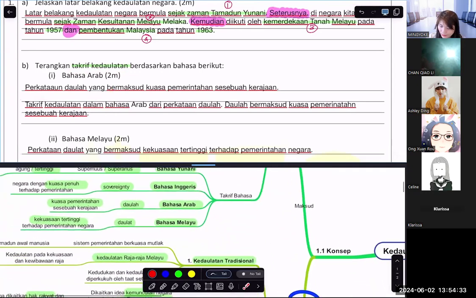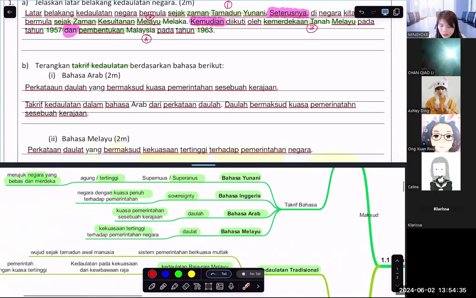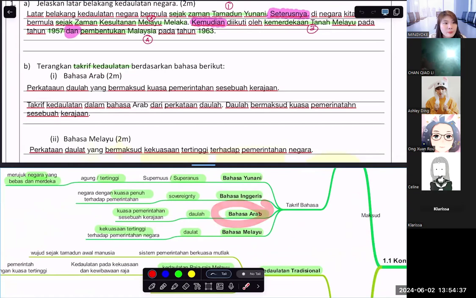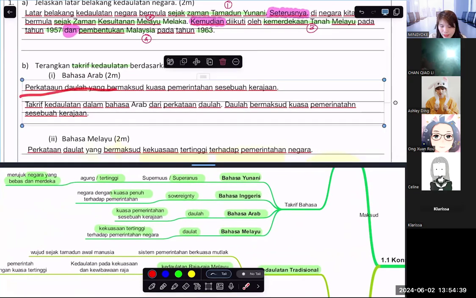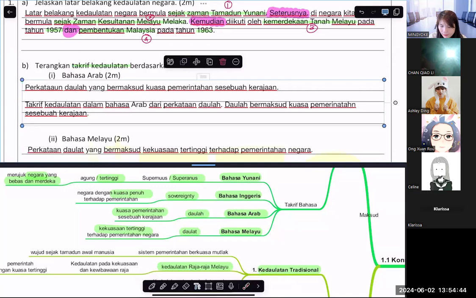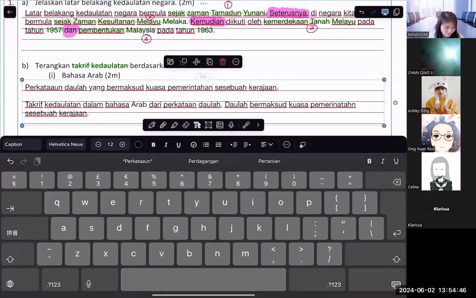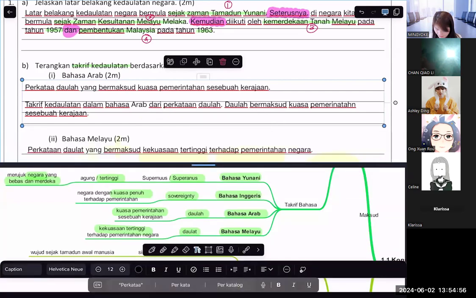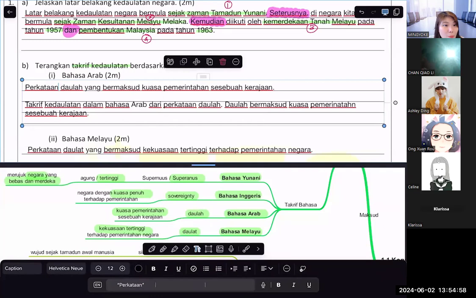Anda bahasa Arab. Perkataan daulah. Okay, perkataan daulah yang bermaksud kuasa pemerintahan sesebuah kerajaan.